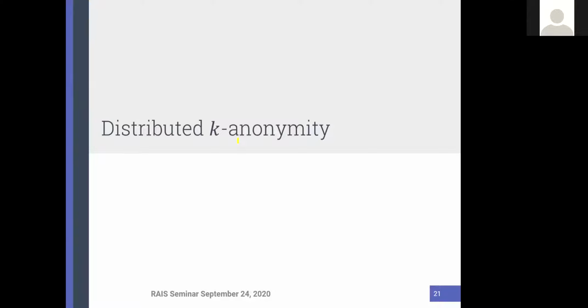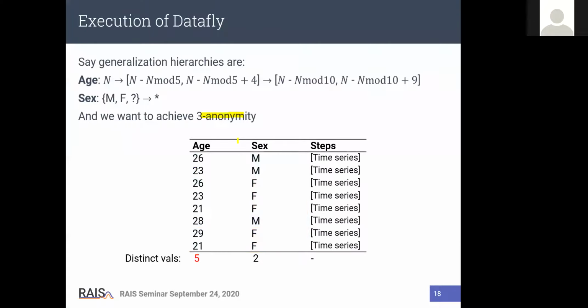So clearly there are different paths that you can choose to reach k-anonymity. So in this case, you decided to further generalize on age, but you could have instead decided to remove completely the sex attribute, as you did in the previous example. And in both cases, you would have reached your goal of anonymity, but with a different final result.